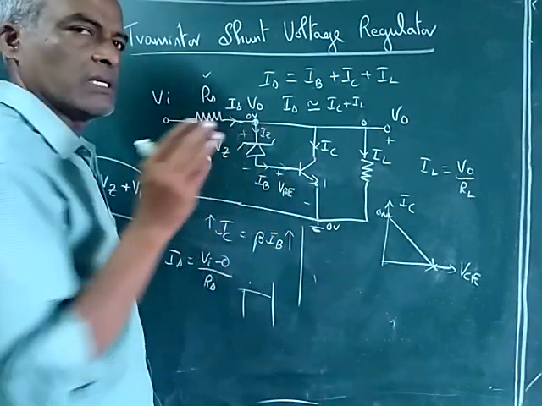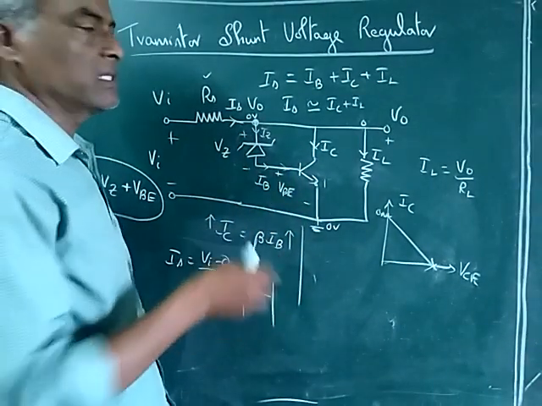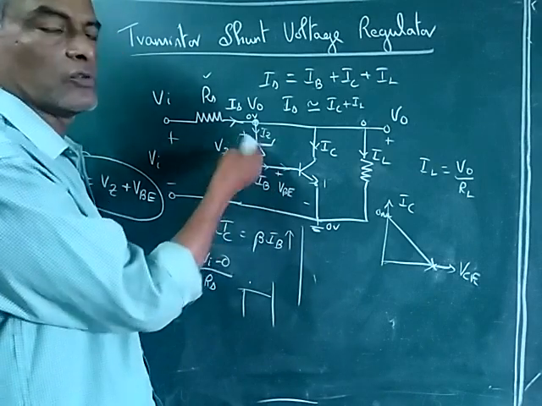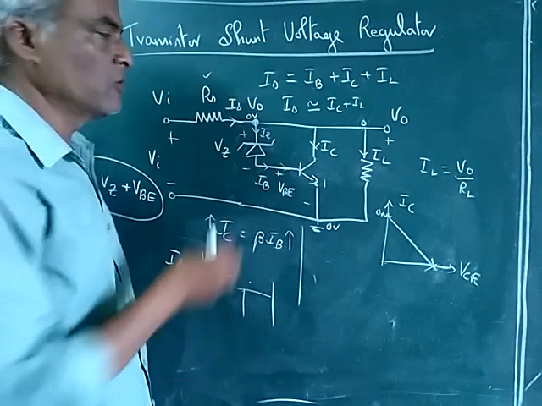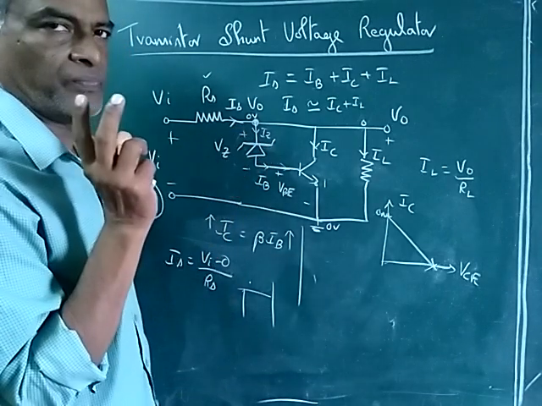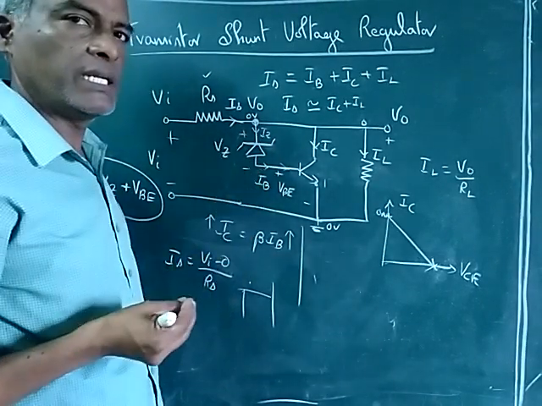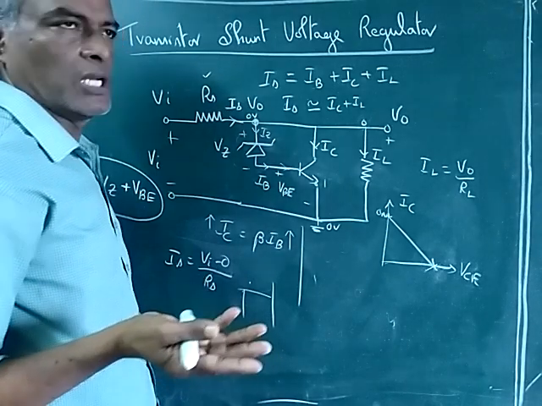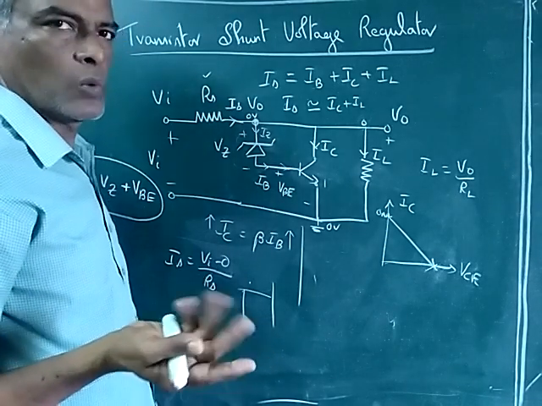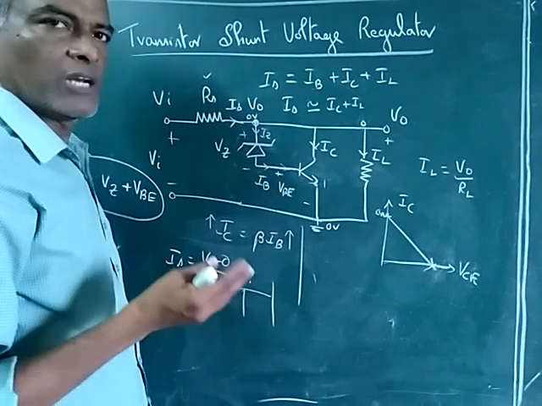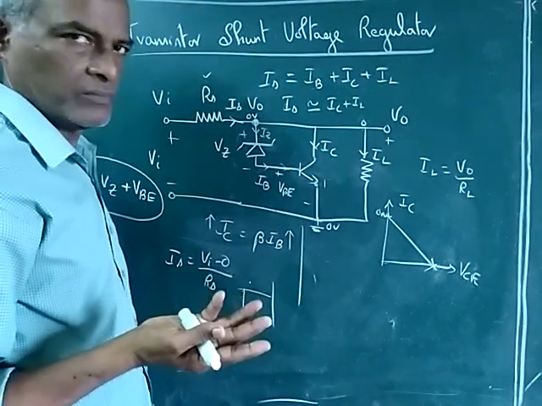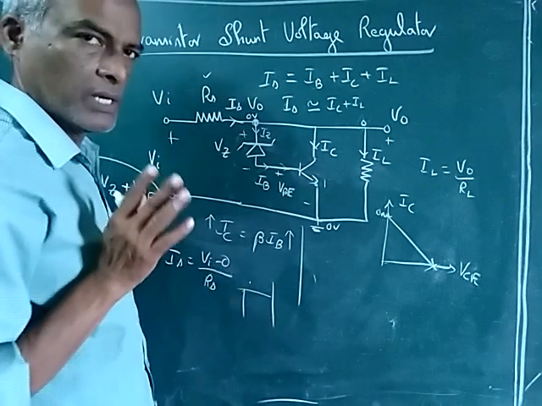But if you don't have the shunt transistor, the entire current has to be handled. So we have to put a very high power Zener diode. Then only it can withstand that power. If you use an ordinary Zener diode of less than 1 watt, say half watt or 1 watt, then the Zener diode will break down and may even go into flames. It will burn out.